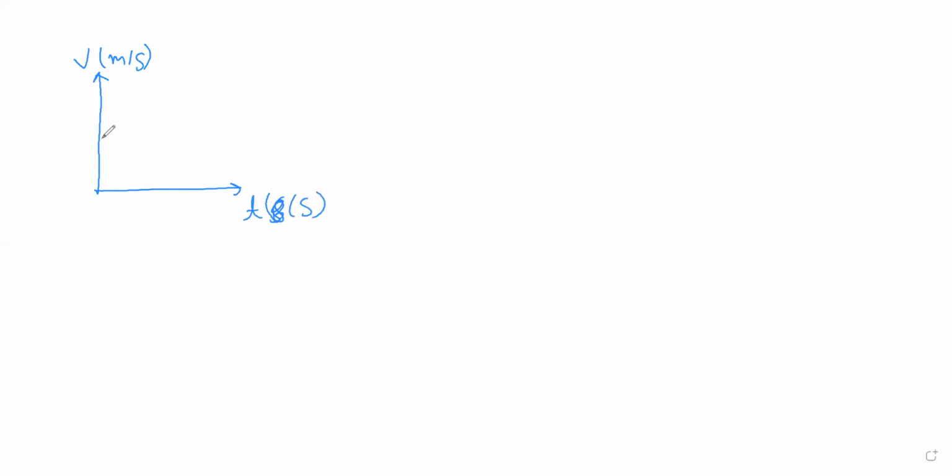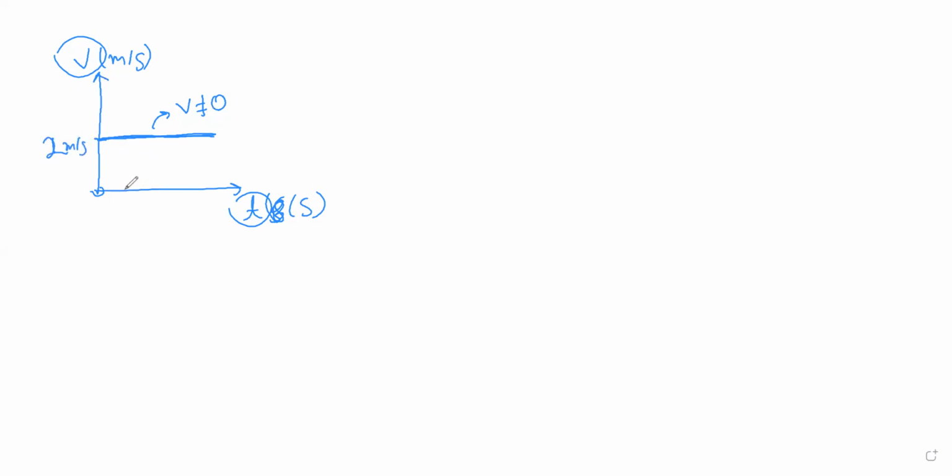In this case, if we draw a horizontal line, remember that in our position graph a horizontal line means velocity is 0. But here, velocity is not 0. Why? Because we are representing this axis as velocity. So maybe it is 2 meters per second.